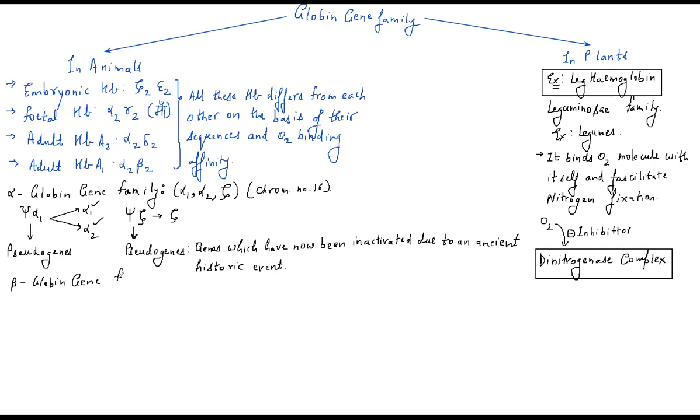This beta globin gene family consists of the genes which are referred to as beta, delta, gamma, and epsilon naught. These are the four genes which are present: beta, delta, gamma, and epsilon naught. And they are present on chromosome number 11.